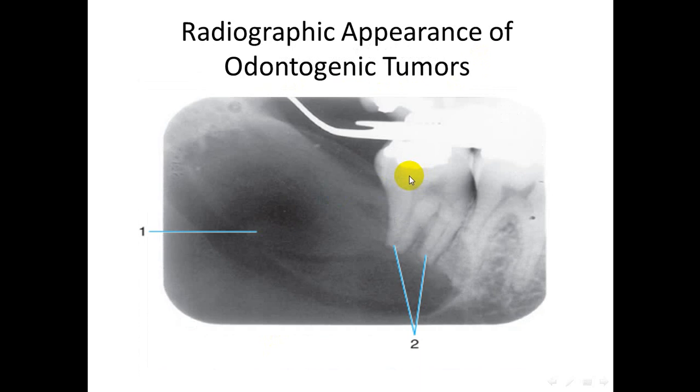So, also we can see the radiographic appearance of odontogenic tumors, starting with ameloblastoma, which is a large radiolucency causing resorption of the mandibular molar roots due to pressure.